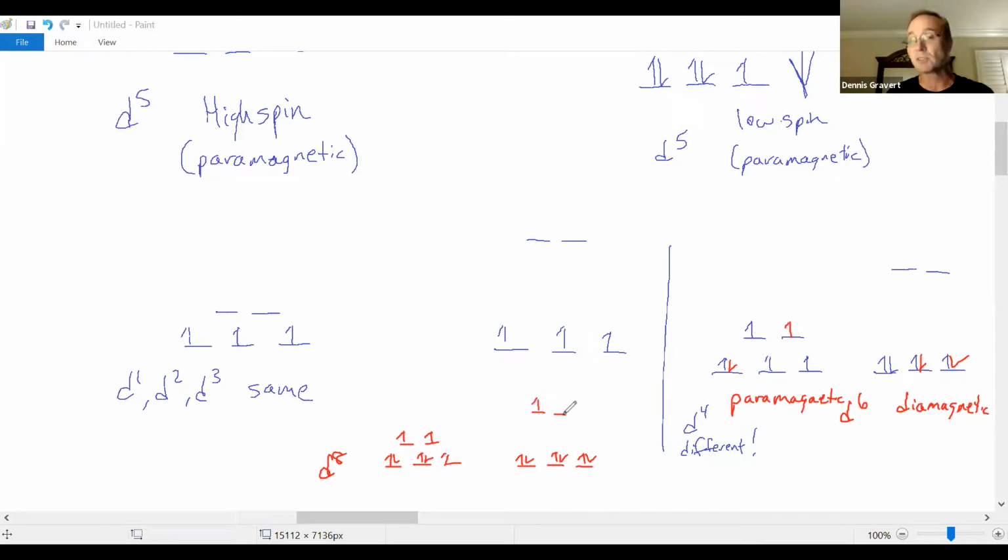Well, now you have to put this one up here. There's no more room. And, oh yeah, 7 electrons, still the same. 8 electrons. Oh, 8 electrons is the same. I know the gap is bigger, but what's the configuration? Lowest orbitals, everyone's all paired up. Highest orbitals, there's one each. And then D9, you're just going to pair up this one and that one. D10, everybody's filled. So D8 through D9 to D10, they're all the same again.